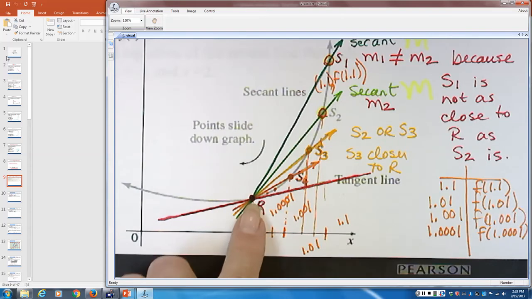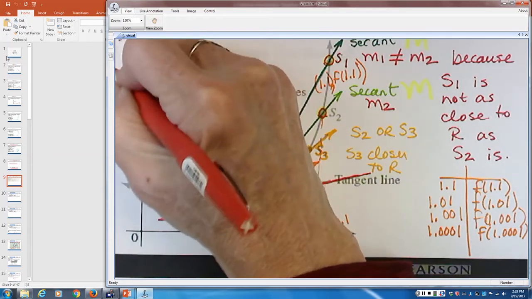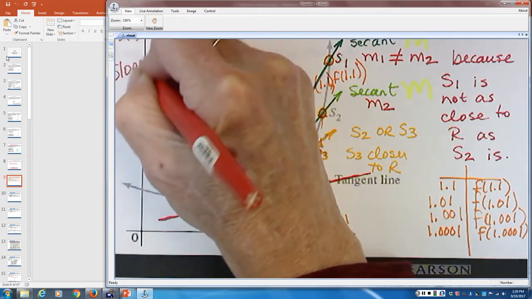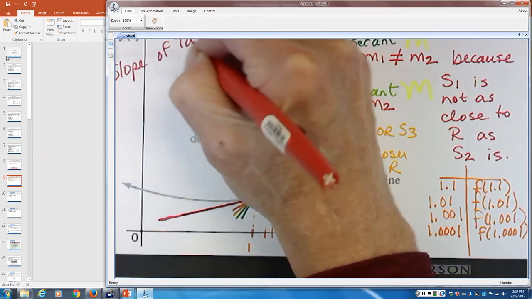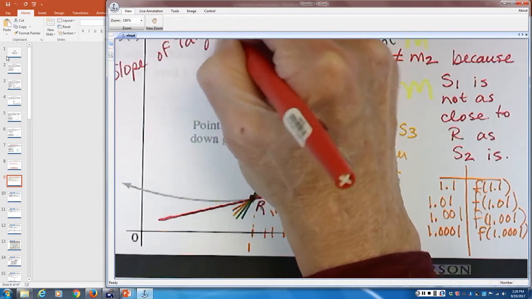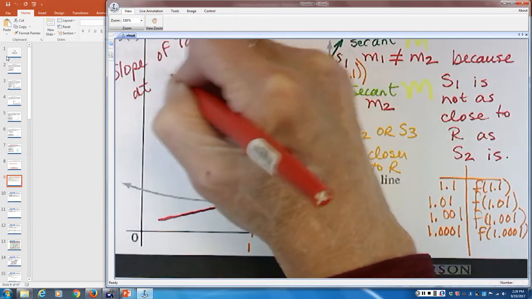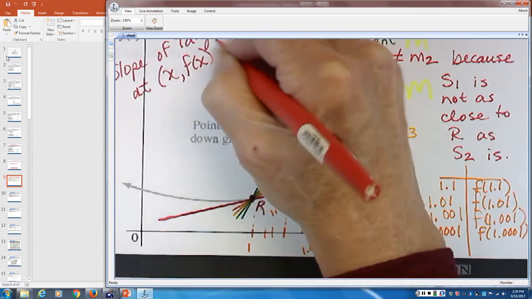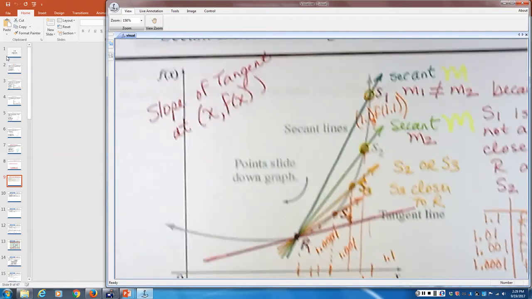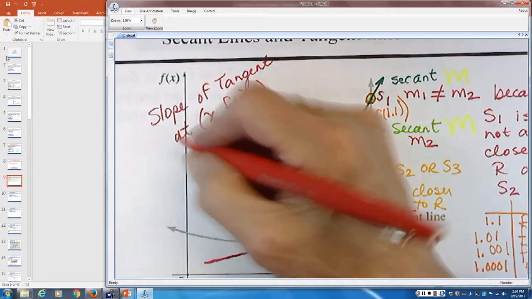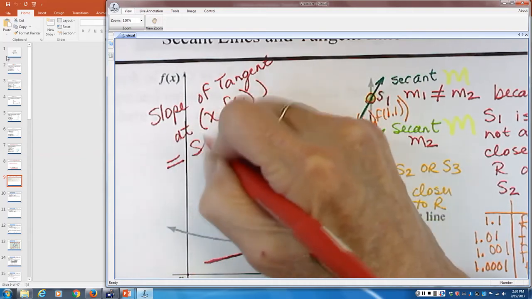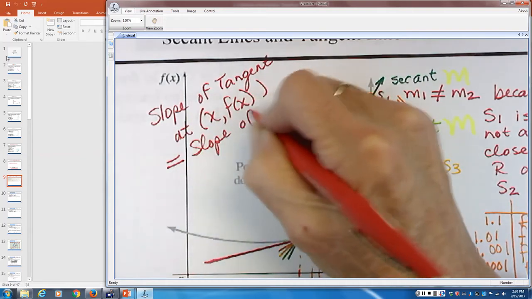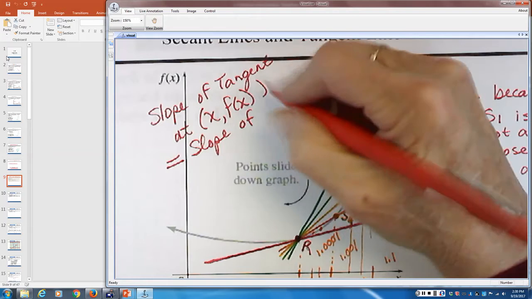Because the line that contains only r and has r in common with the curve, the tangent line's slope at one single point, x, f of x, is the same as the slope of the curve.